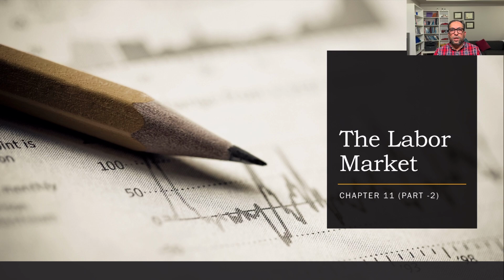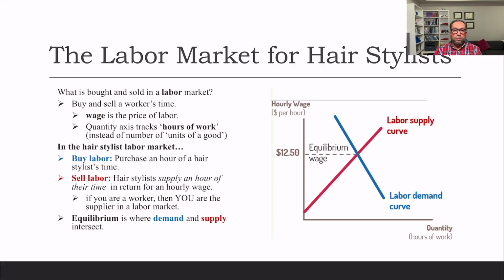Other things are very similar to the normal market mechanism. So, the labor market for hairstylists. We are starting with this as an example: what is a labor market? We are saying that there's a labor market for hairstylists, meaning the firms providing the service of hair cutting or hair salons want to hire people to do haircuts or hair styling.